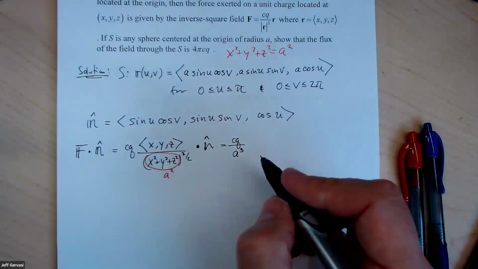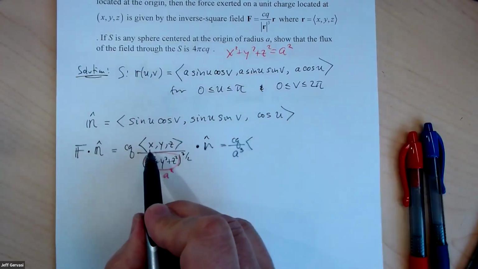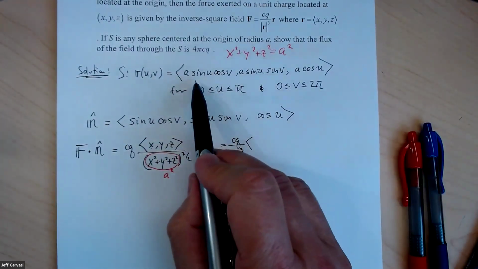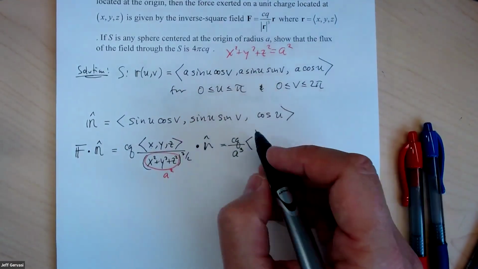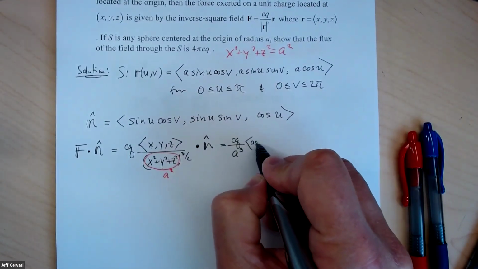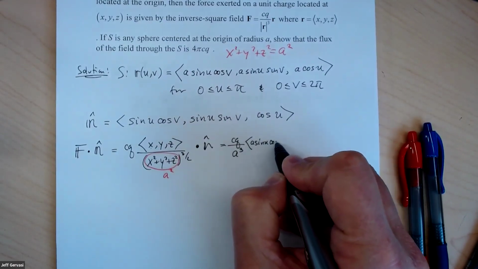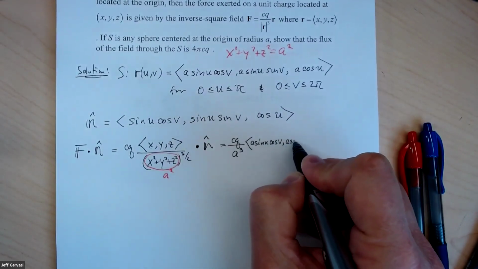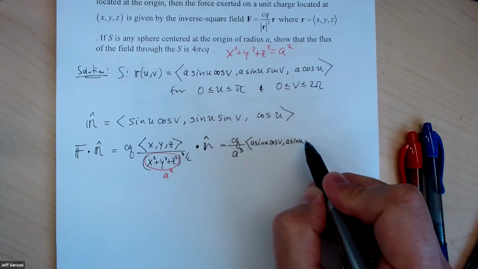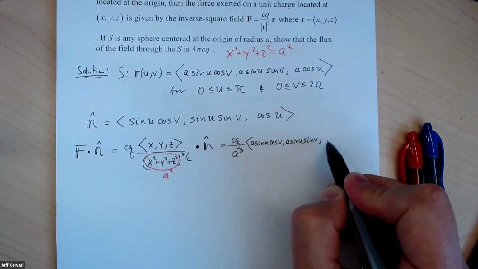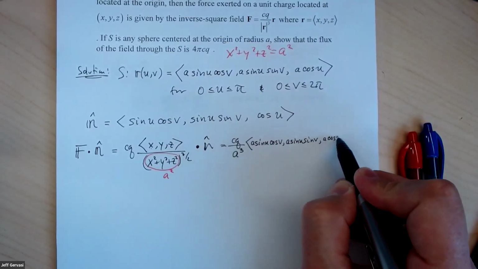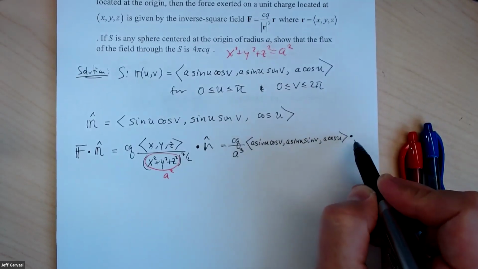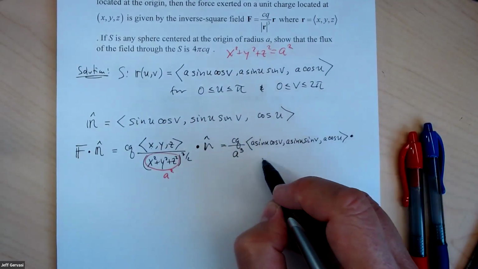Okay, so I'll write like this. And then x, y, and z, I'll grab those right from here. All right, and of course, I'm going to dot that with n, which is right here, and I did not leave myself enough room.